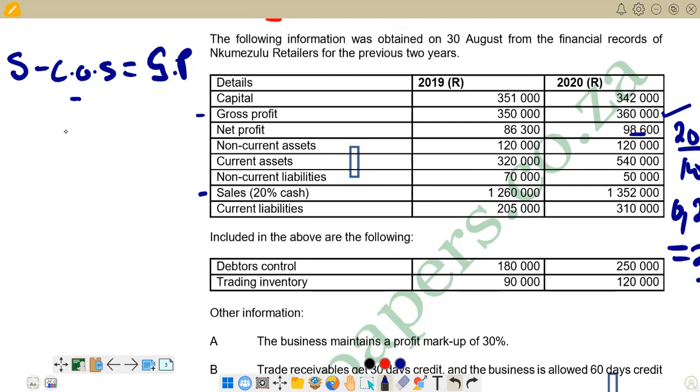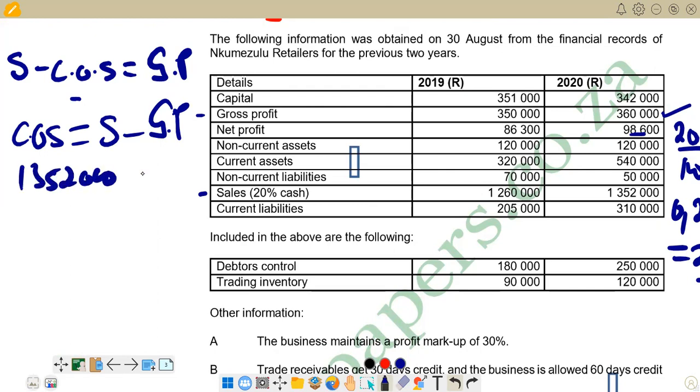So making cost of sales the subject of the formula, it becomes cost of sales is equal to sales minus gross profit. So we can just substitute for our sales for the current year. We've got 1,352,000. Then we subtract our gross profit for the current year, which is 360,000.